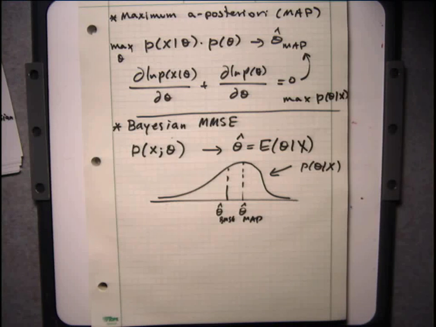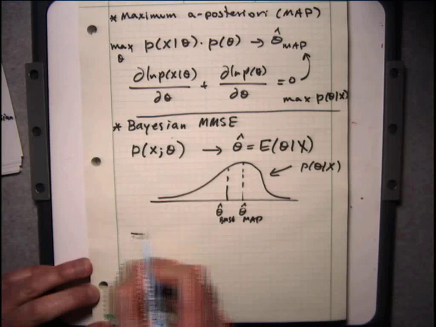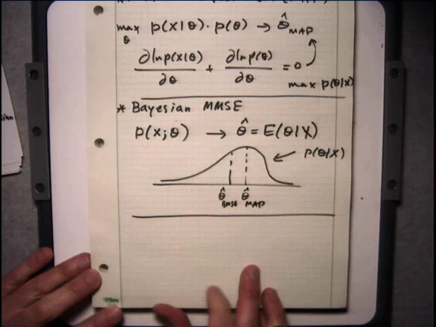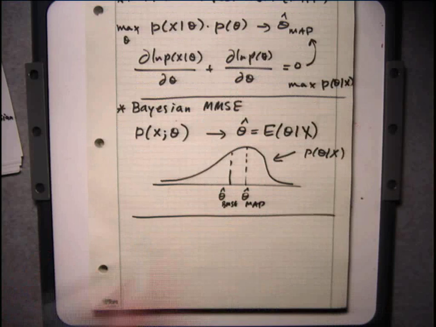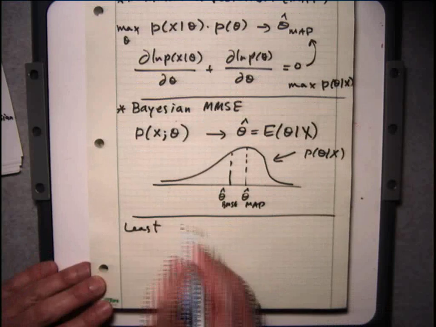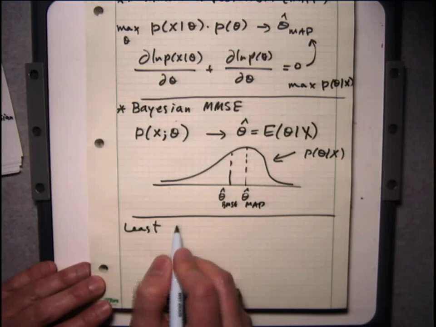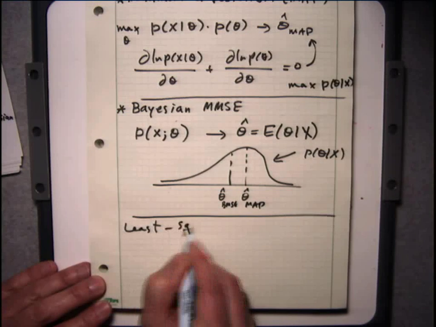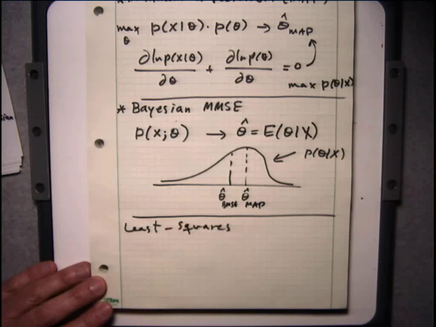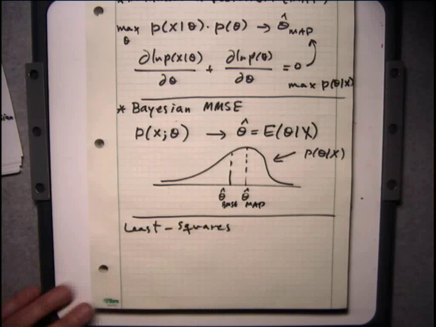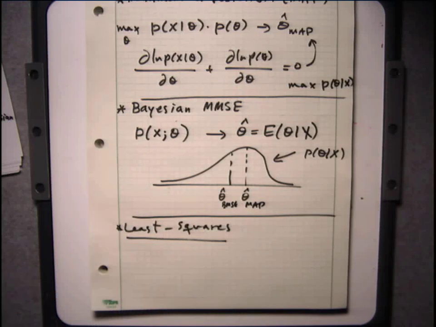All right, so then we moved on to more flexible ways of doing estimation when we don't necessarily have the distribution for the data. And probably the most flexible of all of these was least squares. Okay, now this least squares that I'm talking about here is parametric least squares. In other words, you're going to assume that your signal has a global parametric model.